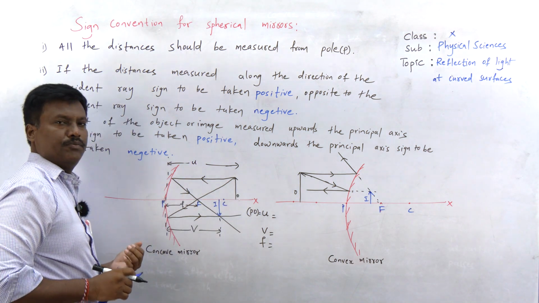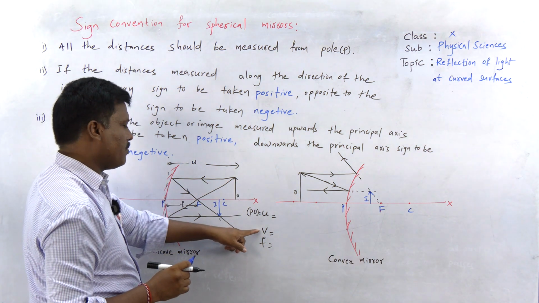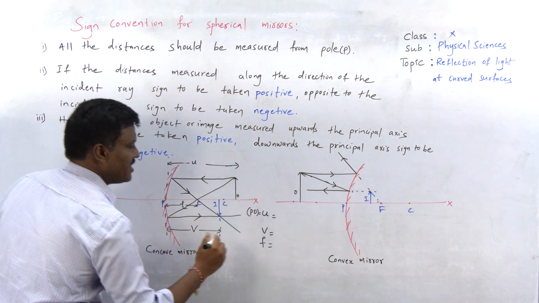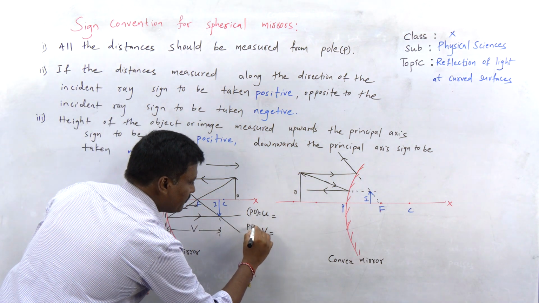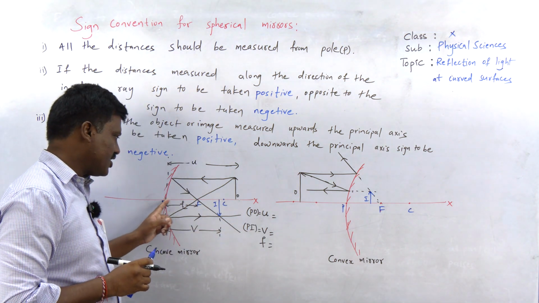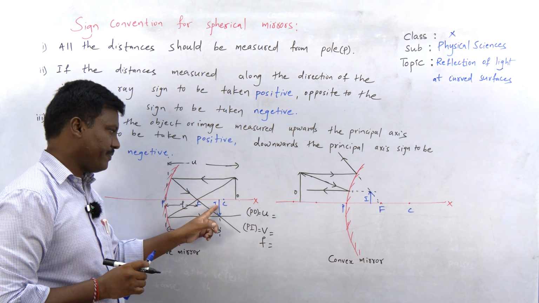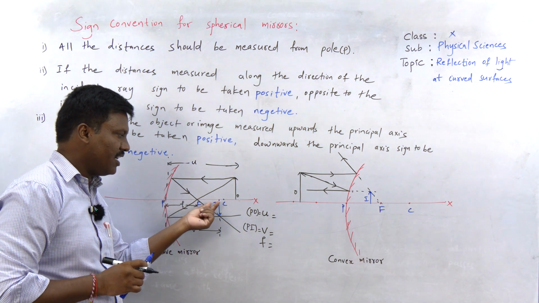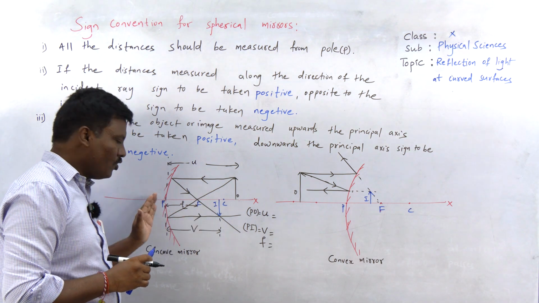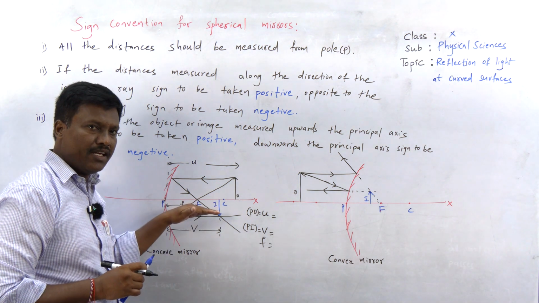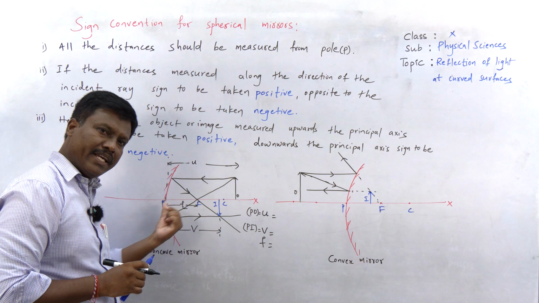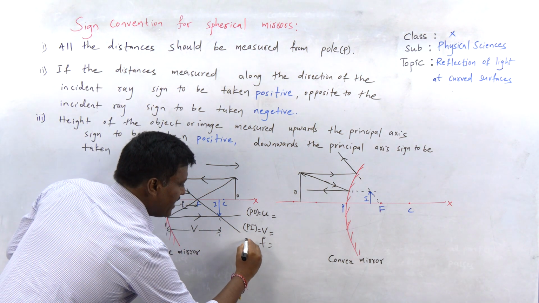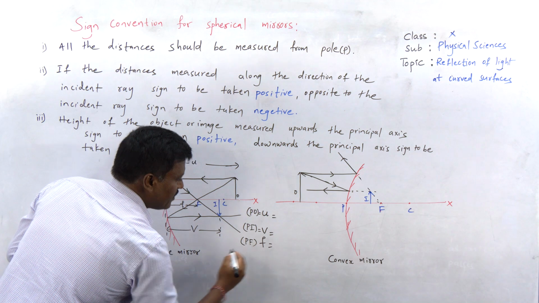object to the pole. Whenever I want to measure the image distance, the distance between pole and image is called image distance, so PI. Whenever we are measuring this distance, I have to start my measurement from the pole, not from I. I have to move from P to I, not from I to P. The distance between pole and focus is called focal length.